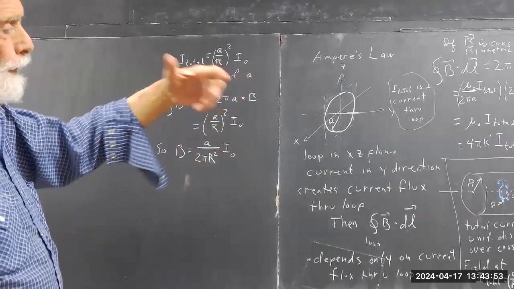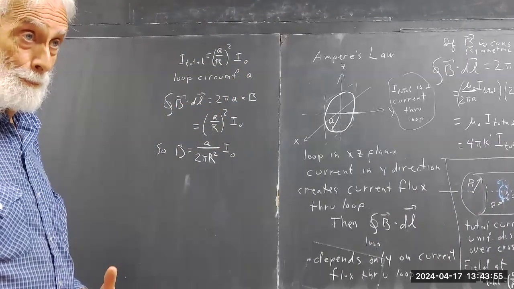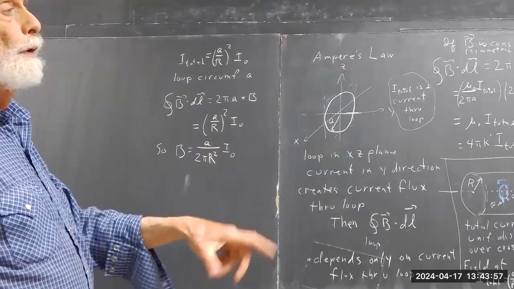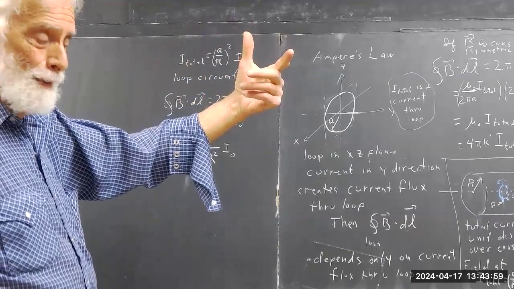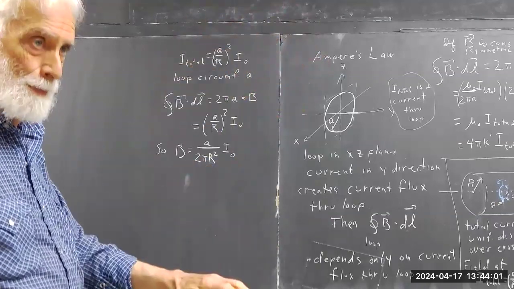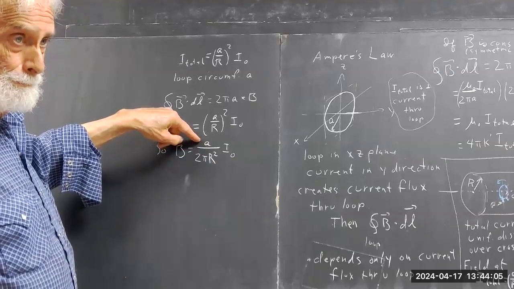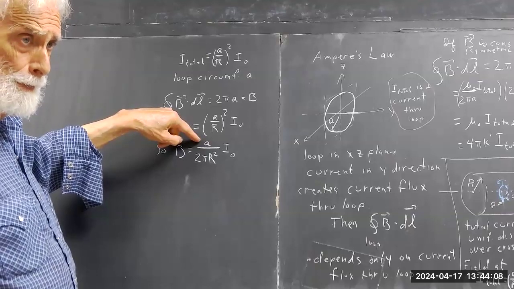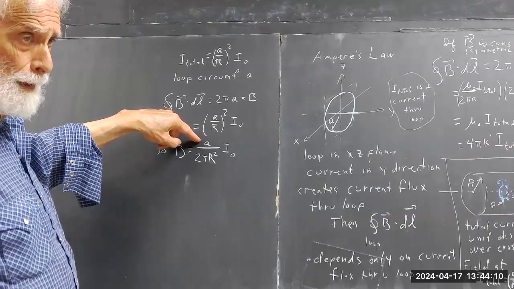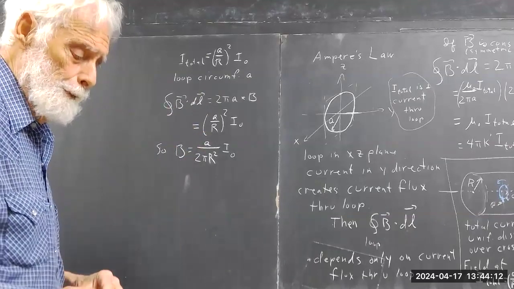The field falls off linearly with a. So if you grow with the square of a, but at the same time fall off proportional to a, that leaves you something that's proportional to a. Does that make sense? I'll write it down.